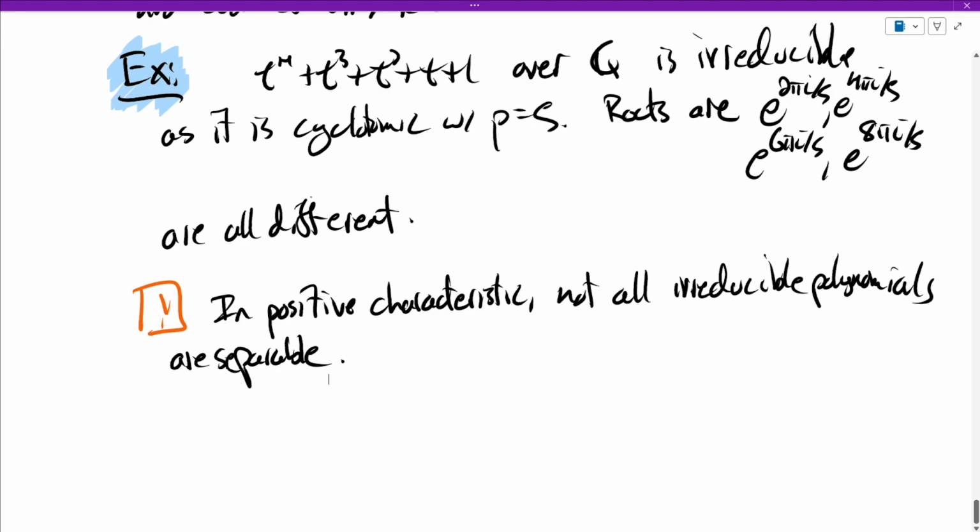So if you cared about fields of prime characteristic, not characteristic 0 like subfields of C, then you have to worry about separability. Okay, and we're going to show, and we're going to actually need it, that over C, every irreducible polynomial is automatically separable.